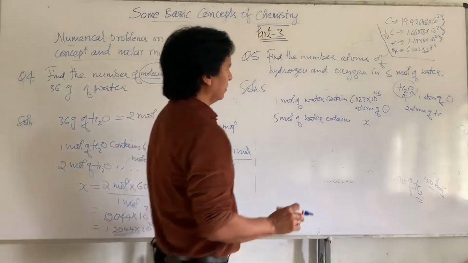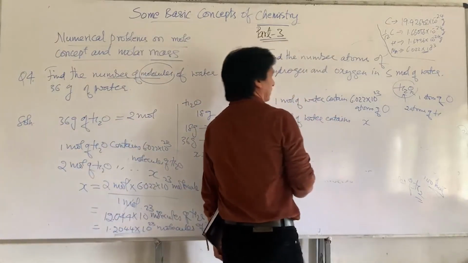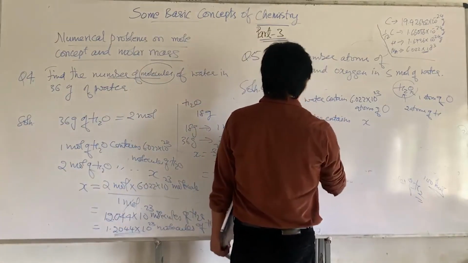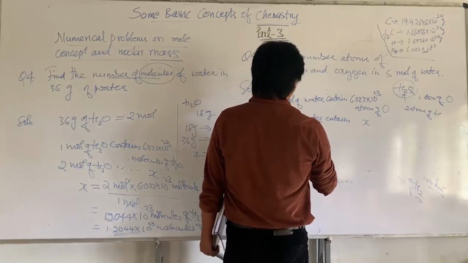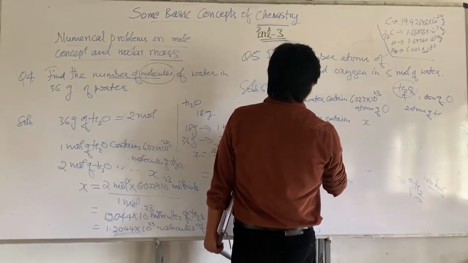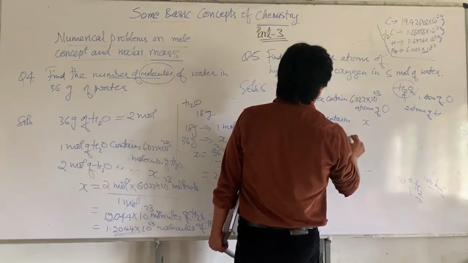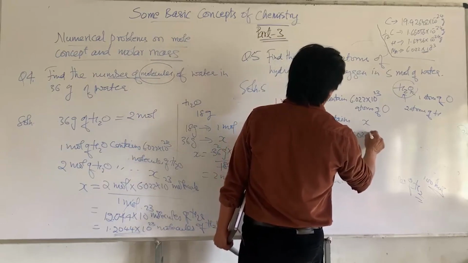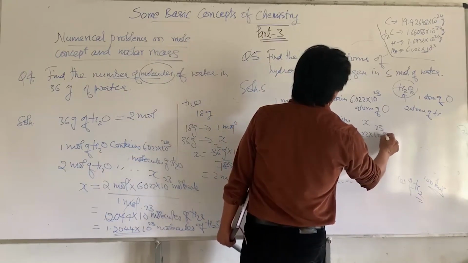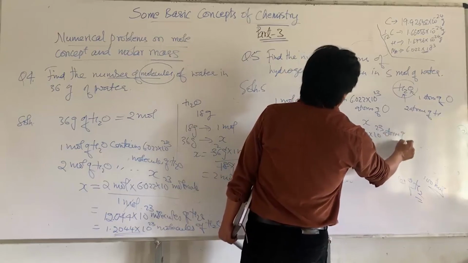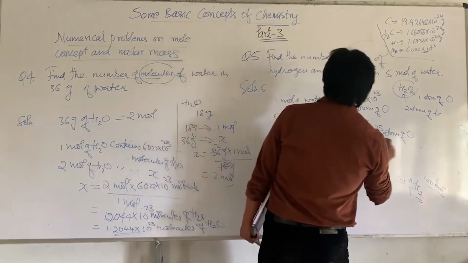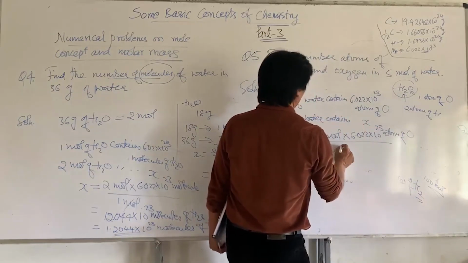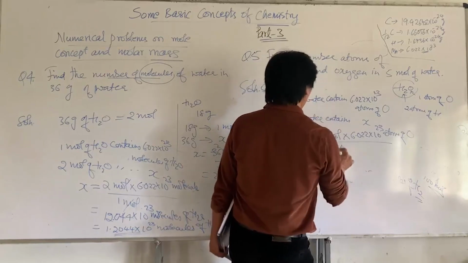So here, since again it's a case of direct proportion, you just cross multiply. X is equal to 5 moles of water multiplied by 6.022 into 10 raised to the power 23 atoms of oxygen divided by 1 mole of water. Mole and mole get cancelled.